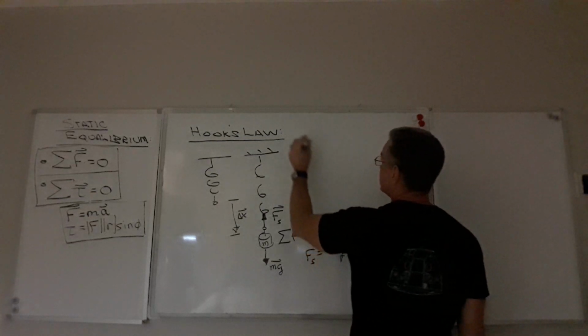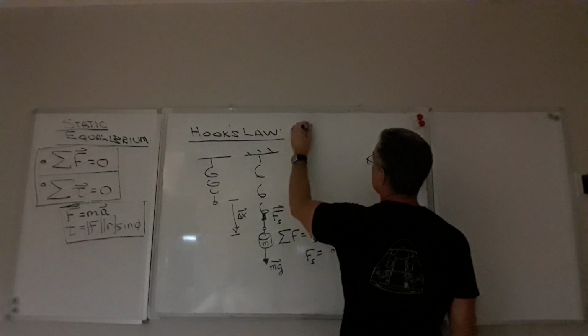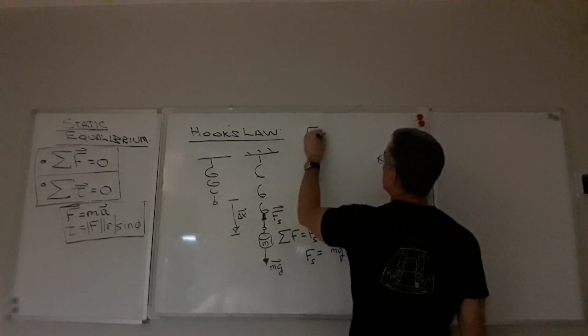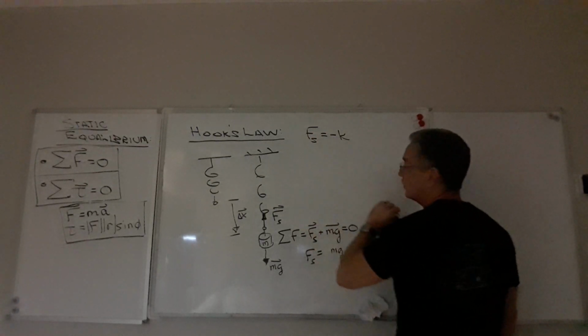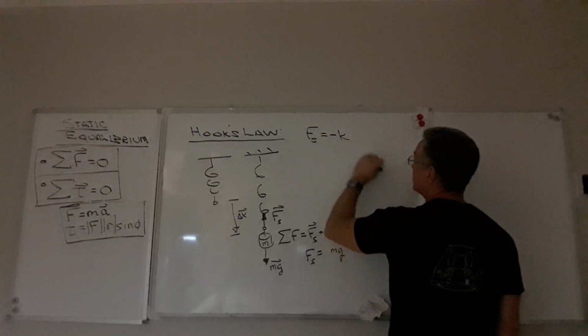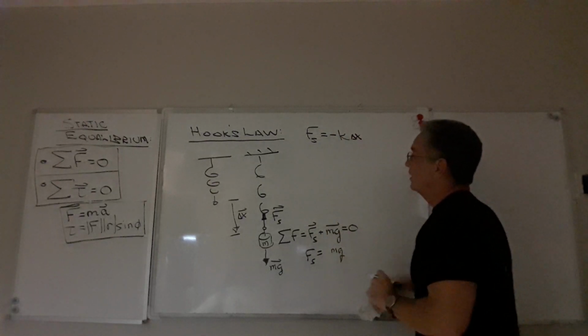Here's what Hooke's law tells you. Hooke's law tells you that the spring force is equal to the negative of some constant, which we're going to call K, the spring constant, times delta x. Okay?